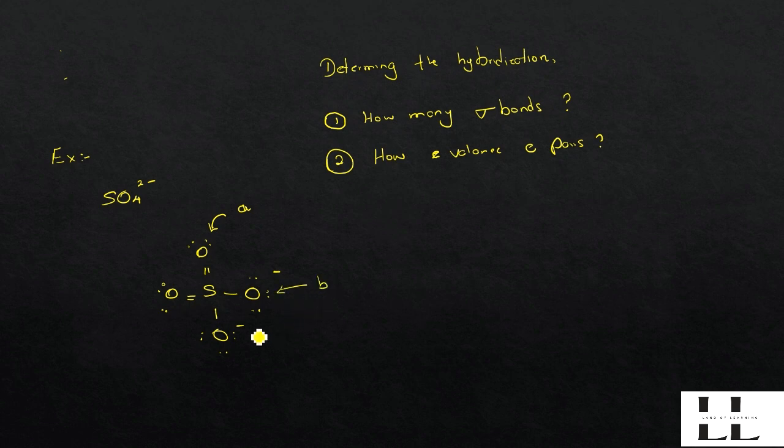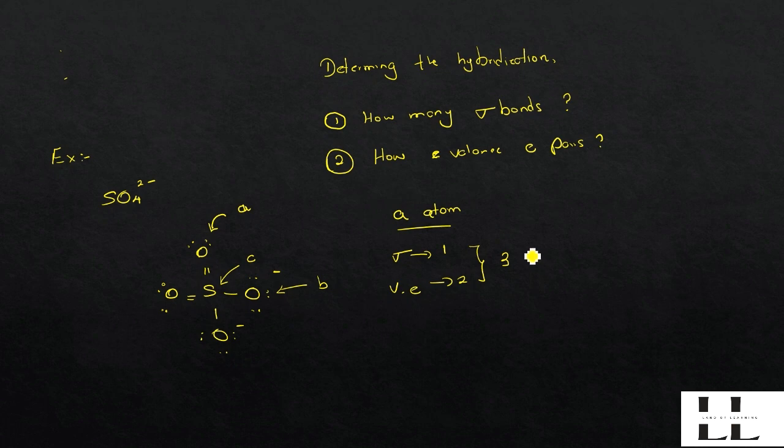Let's call it B. And over here? Let's call it C. For atom A, how many sigma bonds? You can do it, right? Only one sigma bond. How many valence electron pairs? 1 and 2. Total is 3. Then it should be sp2.